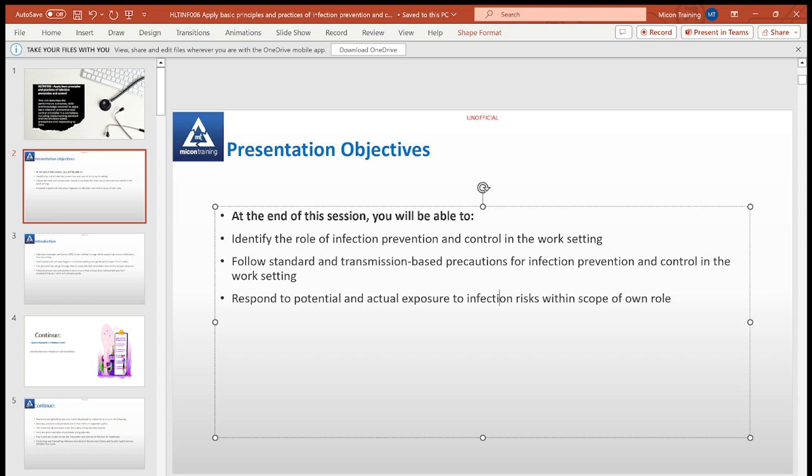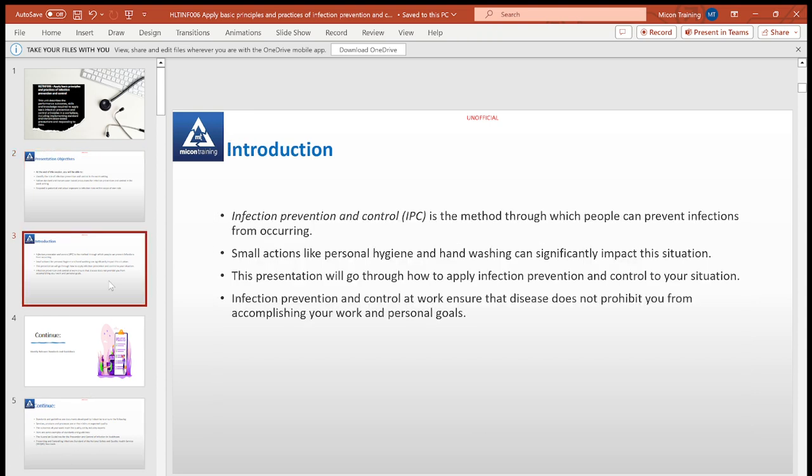So what do we mean by infection control? How do we prevent this? Infection prevention and control, IPC, is the method through which people can prevent infection from occurring. Why do we need to prevent infection from occurring?